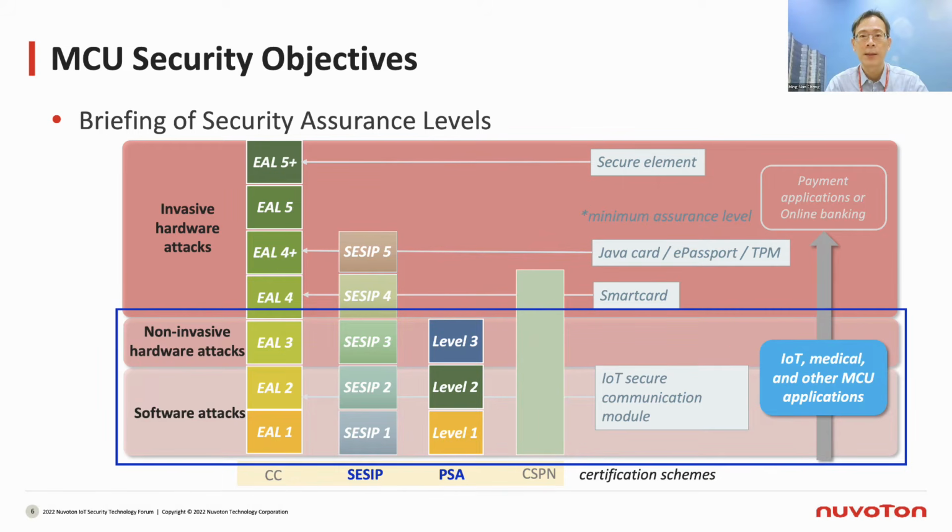SESIP is supported by GlobalPlatform to certify the security of connected products, and its certification scheme can also be divided into 3 assurance levels. The first 3 security levels are similar for both certification schemes. Level 2 indicates that the MCU is resistant to software attacks, while Level 3 indicates that the MCU is resistant to side-channel attacks and fault injection attacks.